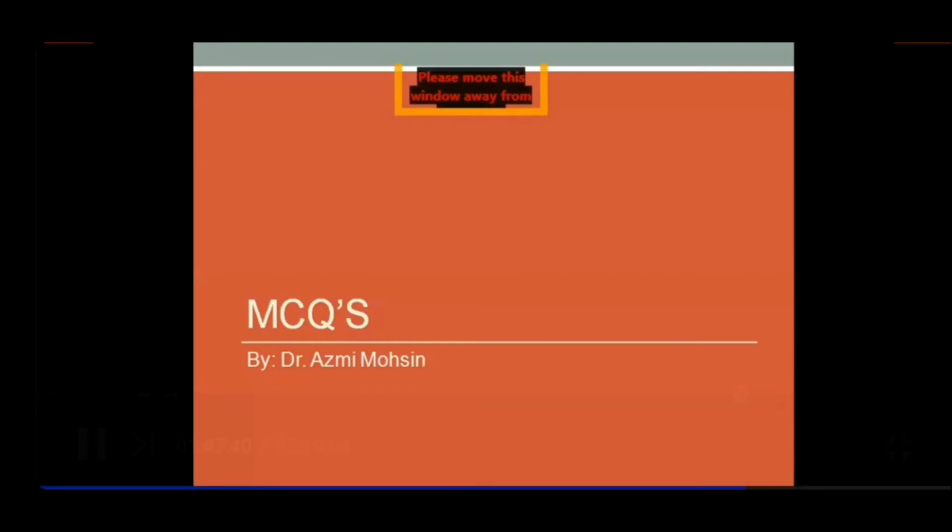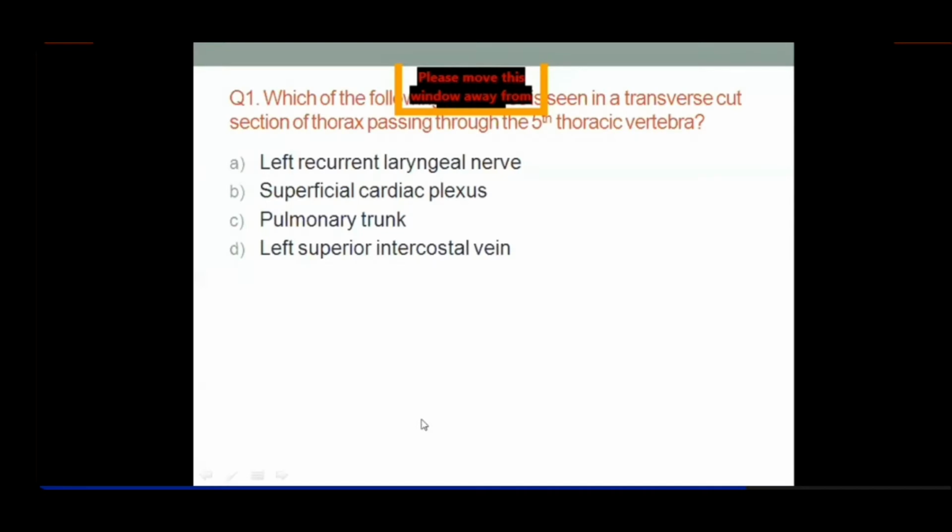Of these MCQs, we prepared question number 1. Which of the following structures is seen in a transverse cut section of thorax passing through the 5th thoracic vertebrae? Have you read the question?